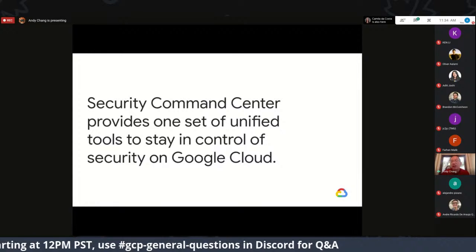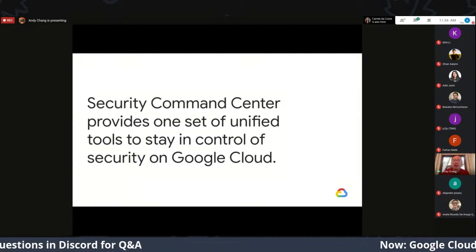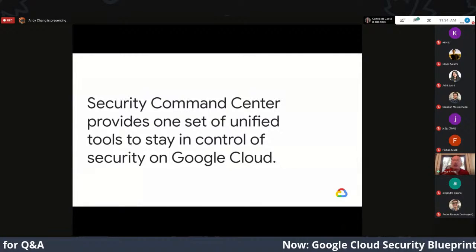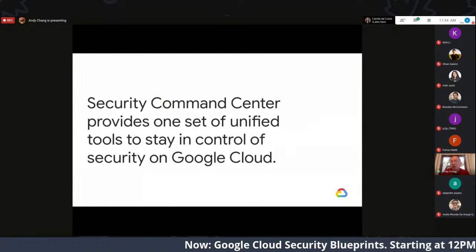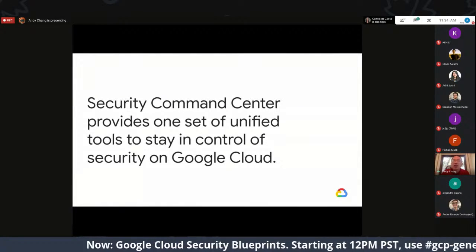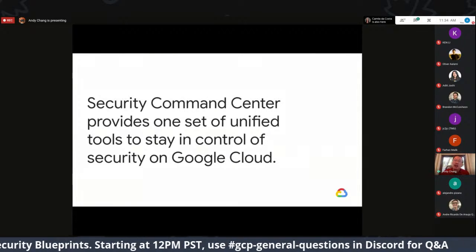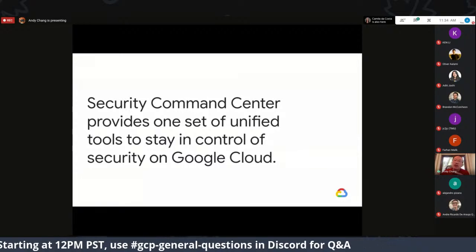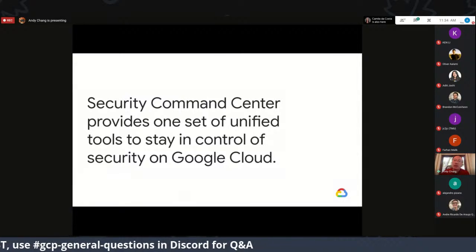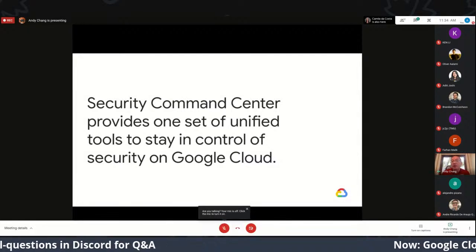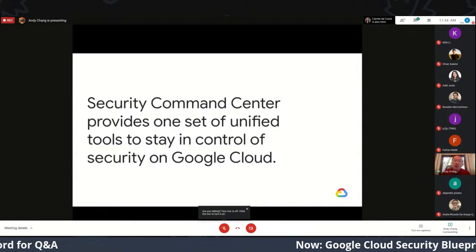It's really that unified set of capabilities, prevention, detection and response capabilities that you manage in one place, giving you that organization-wide visibility, detection and response. And it enables you to take a lot of the native Google Cloud security expertise and capabilities and leverage them and manage them in a consistent manner.